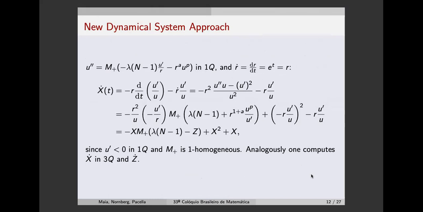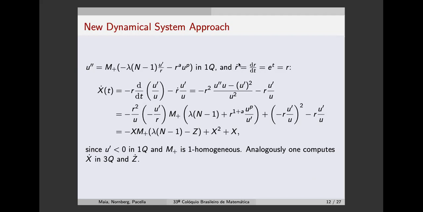How do we derive the dynamical systems? Just as an illustration, take the expression with Pucci's operator in the radial form in the first quadrant. We have this expression. Take the variable r with respect to t, it's e to the t.